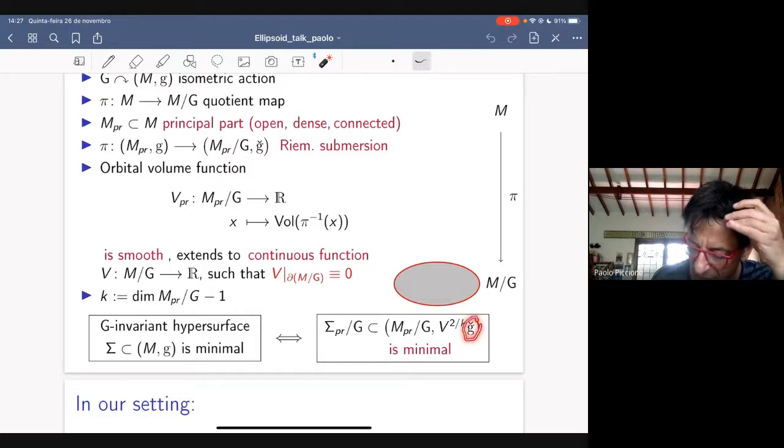So this is the quotient metric times the volume function raised to the power 2 over k, where k is the codimension of the principal orbits, okay? Observe again that this metric here is singular on the boundary because the function v is 0 on the boundary of this set.